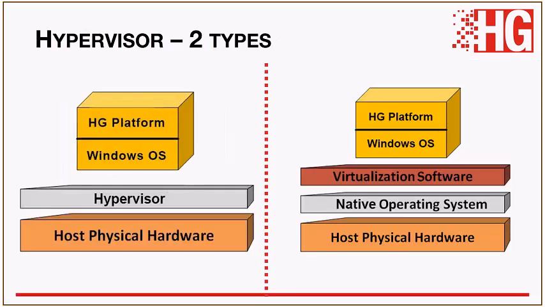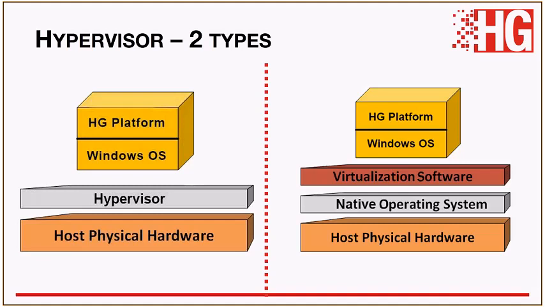Now, there are two types of hypervisor. With type 1, the hypervisor actually controls the environment, if you will. It works with the host physical hardware, and then the hypervisor creates the individual virtual machines.